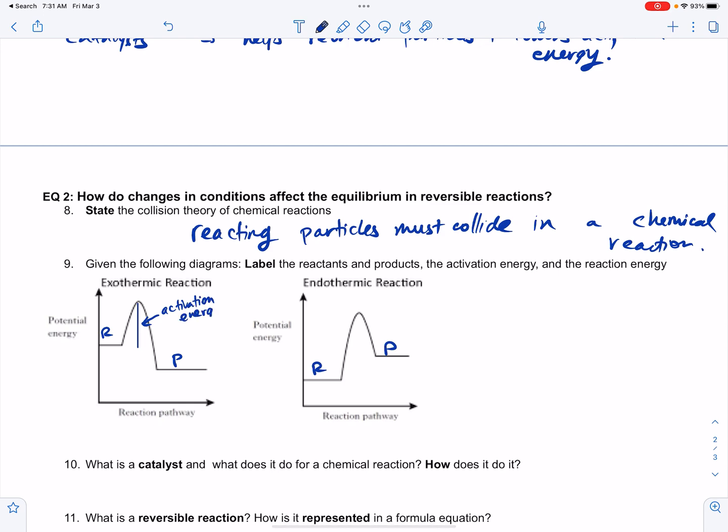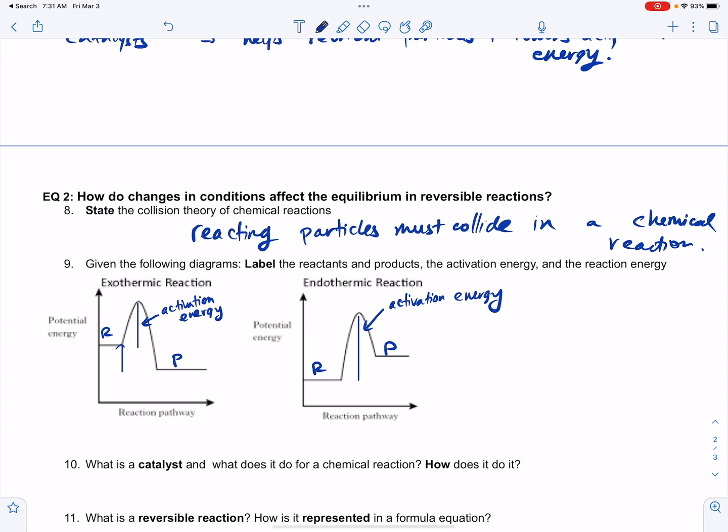And that's the highest point. And the energy of the reaction. So here is the energy of the reaction.